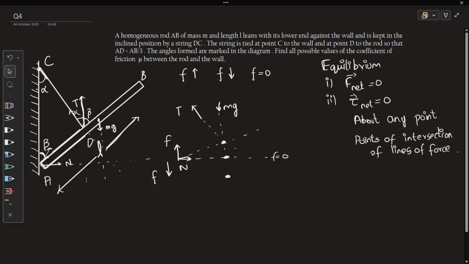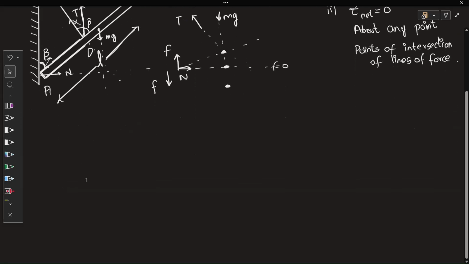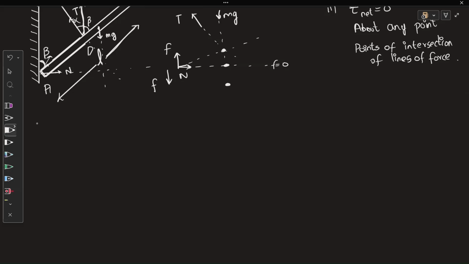Now, let me take the first case, that is friction is upwards. If friction is upwards, let me calculate the value of mu. You calculate the remaining. Okay, case 1, friction acts upwards. Let's take this as the rod with weight acting downwards and tension acting somewhere over here.